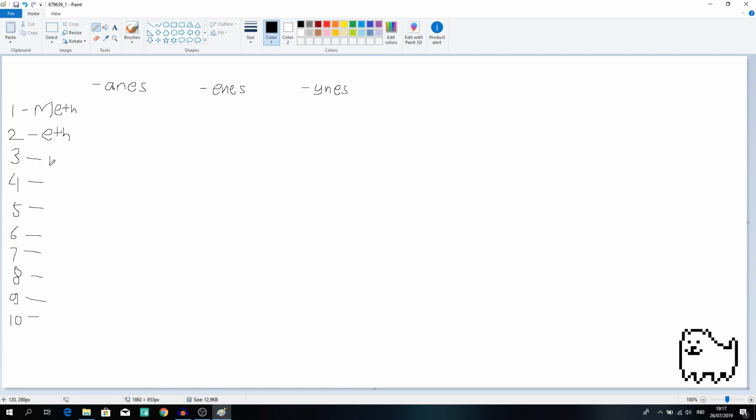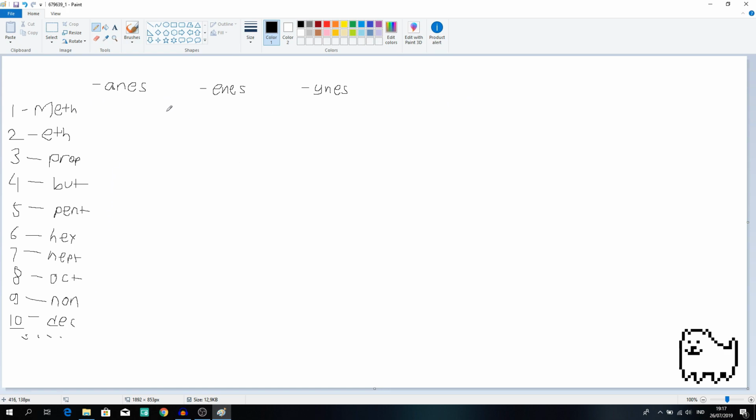Now 2 is eth, 3 is prop, 4 is but, 5 is pent, 6 is hex, 7 is hept, 8 is oct, 9 is non, I think, and 10 is dec. Of course, it goes on. There are specific prefixes for 11, 12, and so on, but it'll just go on to infinity. I'm not writing that down.